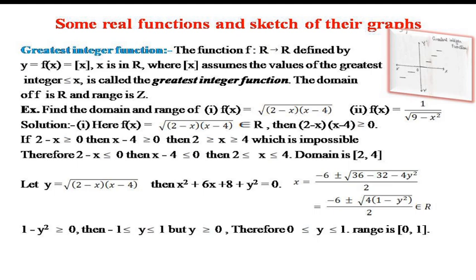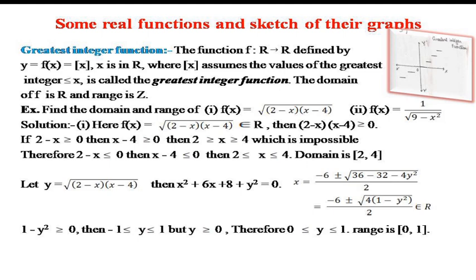That is, the product of two terms is positive. Therefore, each term should have the same sign. If we consider 2 minus x is greater than or equal to 0, then x minus 4 is also greater than or equal to 0. From here, we will get x is less than or equal to 2 and x is greater than or equal to 4, which is impossible. That is, we can't find any value of x which satisfies these two inequalities.